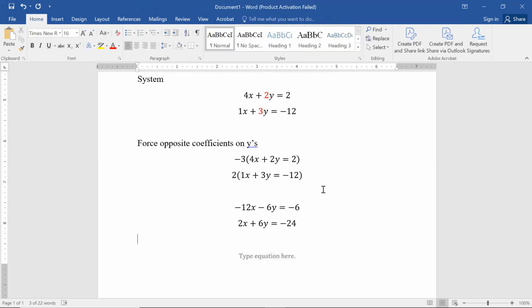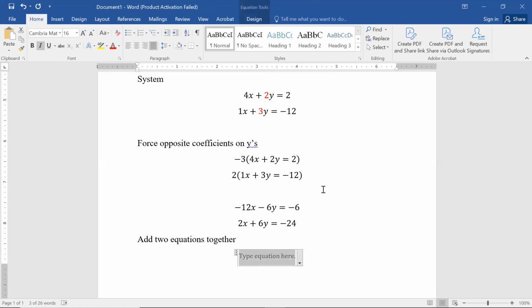Adding these two together, let me write that down, add two equations together. We end up with -10x plus 0 is equal to -30.